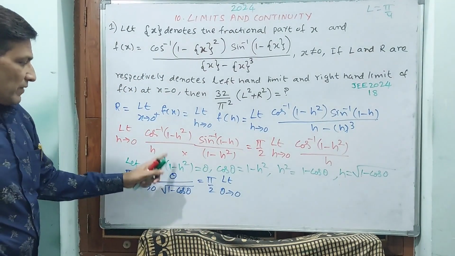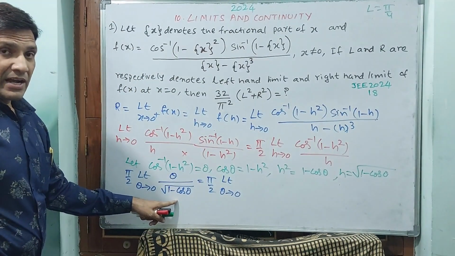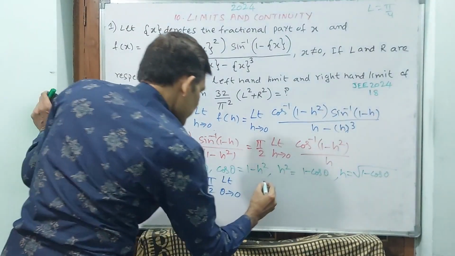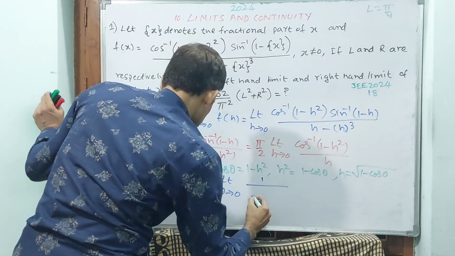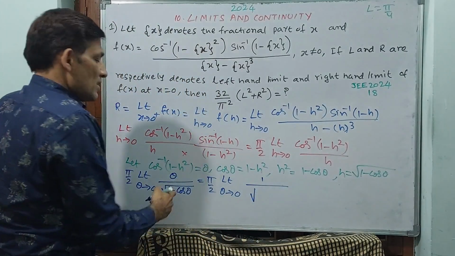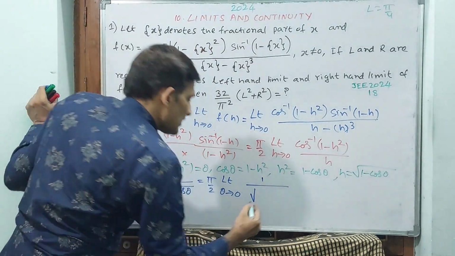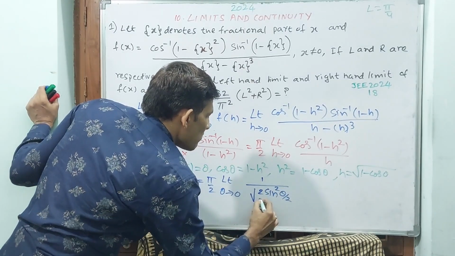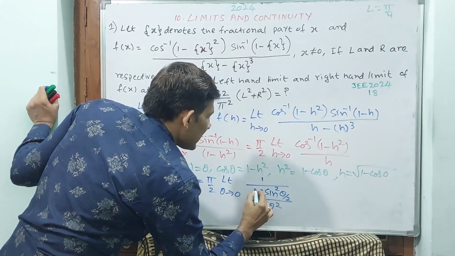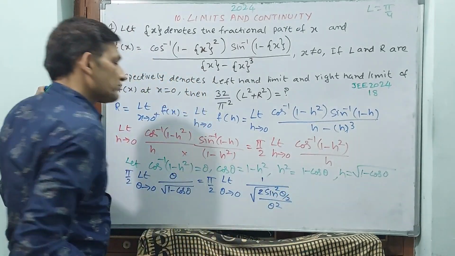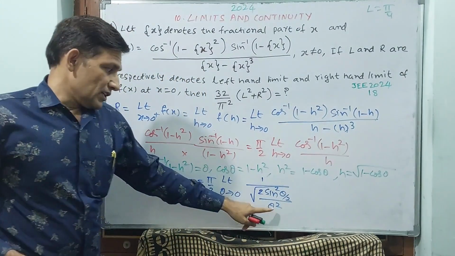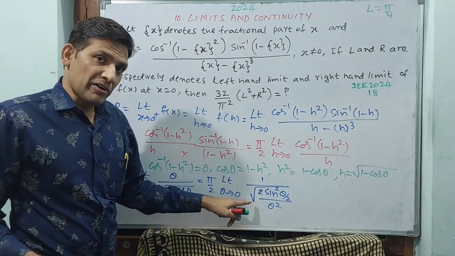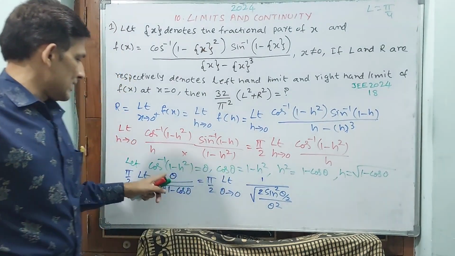But if I want to send theta square into the denominator inside the root, it is going to become 1 by the square root of 1 minus cos theta, which is 2 sin square theta by 2, by theta square. This theta square in the denominator, after the root, will come as theta and go to the numerator.